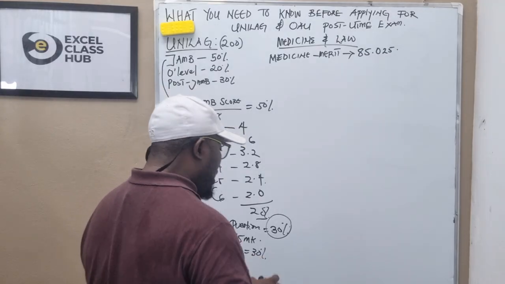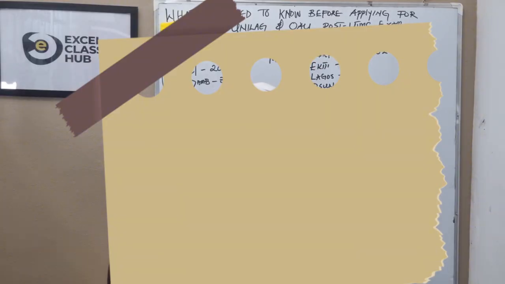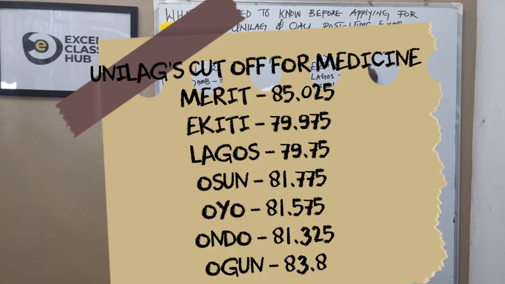For catchment areas, we have 6 catchment areas. We have Ekiti. The cutoff score for Ekiti is 79.97, while the cutoff mark for Lagos indigene is 79.75, while the indigene catchment cutoff for Osun is 81.775.